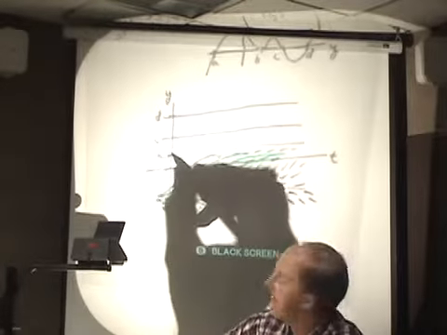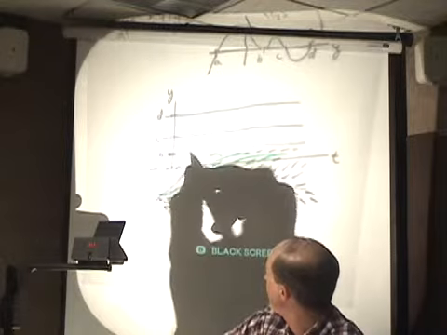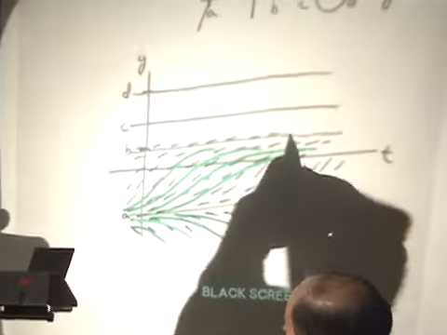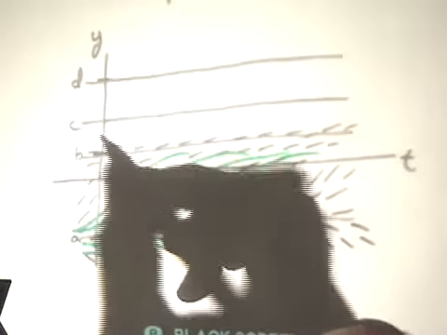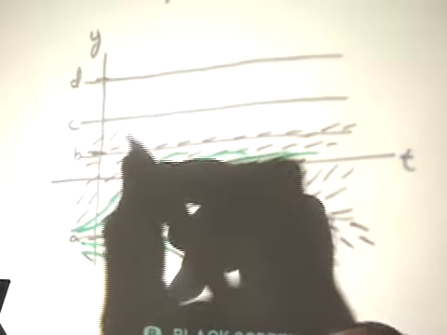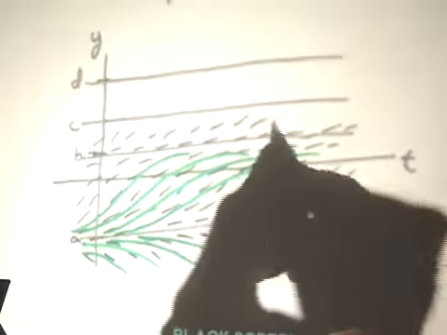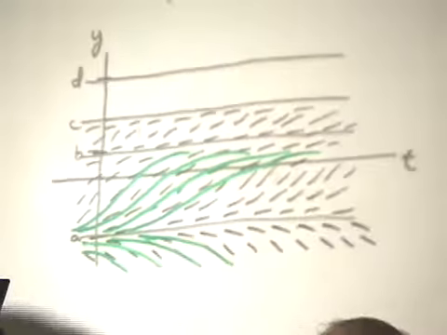So in fact, down here, you're going to have all positive slopes, both directly above and directly below b. And solution curves will be increasing in here too.